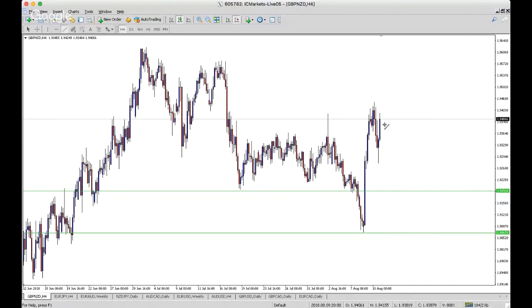Some people may still want to sell this. So when the market goes down, it's not for us to look for a sell. Let it go down. We want to wait for an impulse move to go up, or if there's a false break around here, that is where we are getting ready to enter a buy. That is for pound NZD.